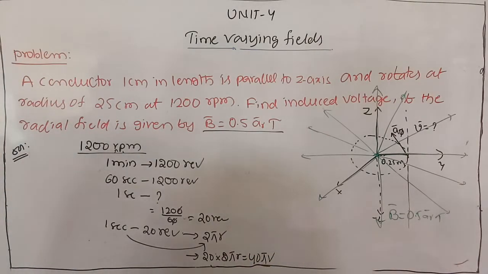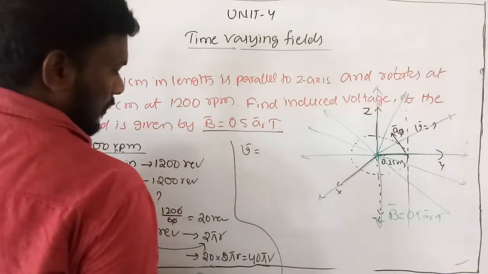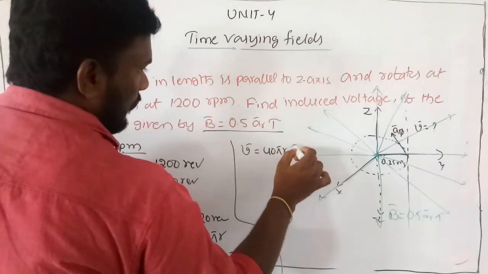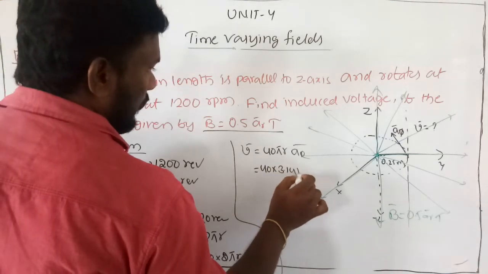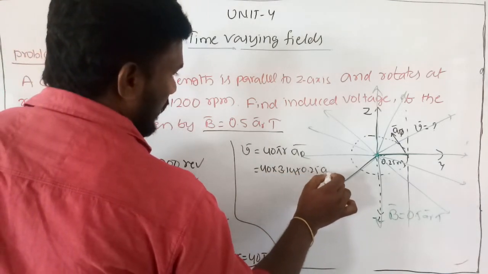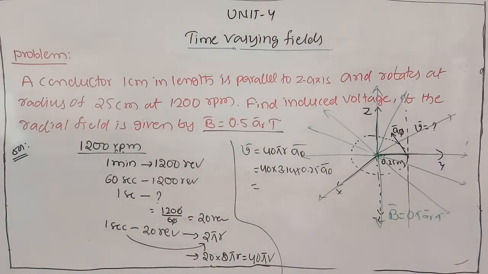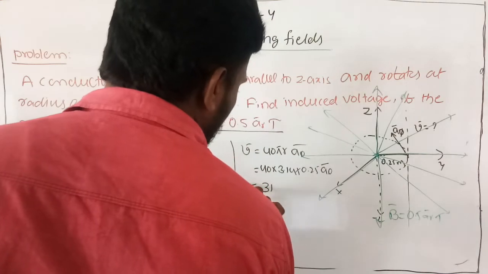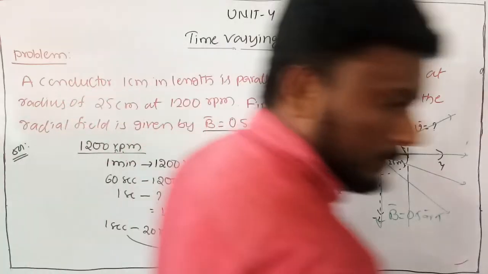The velocity vector is directed in the phi direction, so it is 40 pi r into a_phi. With pi as 3.14 and the radius 0.25, v is equal to 31.416 a_phi.